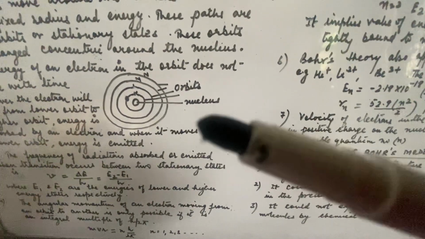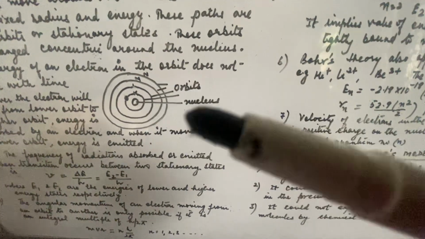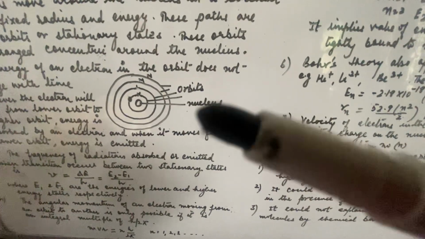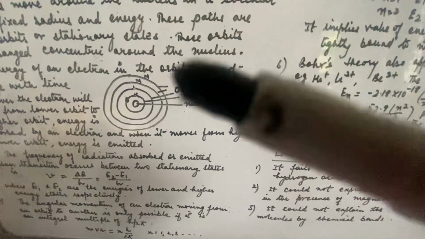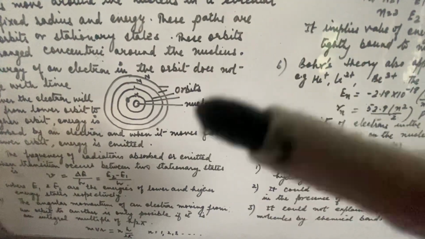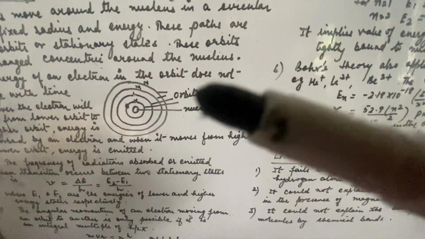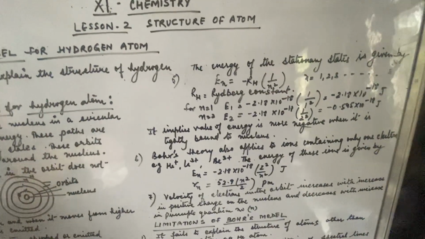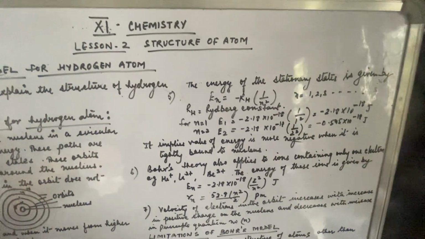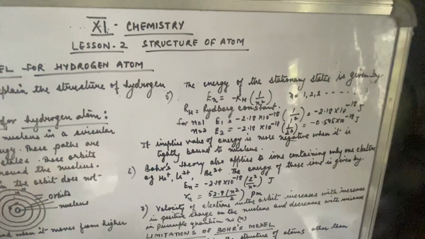Means each orbit has specific angular momentum. If it is the integral multiple of that angular momentum, only then the electron will move from one orbit to another orbit.